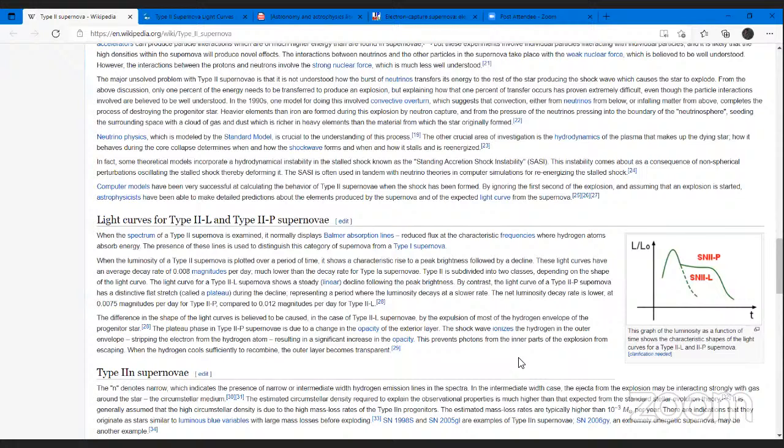When mass is expelled, energy decreases and the luminosity decreases at a greater rate compared to type 2P supernovae, in which this mass loss does not happen directly as in the linear type. Now, as I said, let me explain the plateau phase of type 2P supernovae in detail.